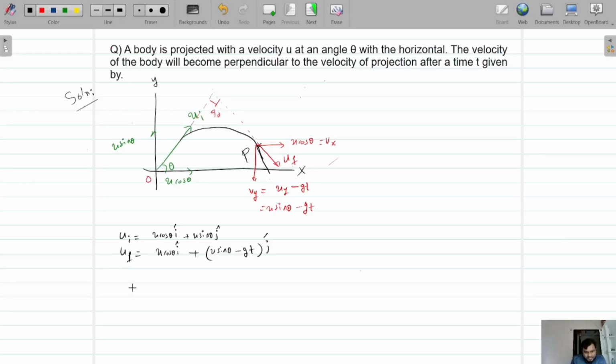What is the dot product? If two vectors A and B are represented, A dot B is equal to AB cos theta, the magnitudes of the two vectors and the cosine of the angle between them.